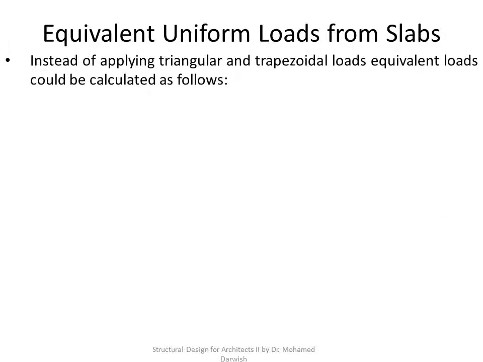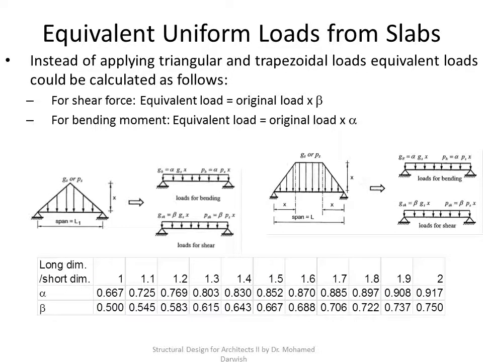Here, to make life easier, if you're doing calculations by hand, it's easier to get the equivalent uniform load instead of having a trapezoidal load or a triangular load. It's easier to deal with a rectangular load.